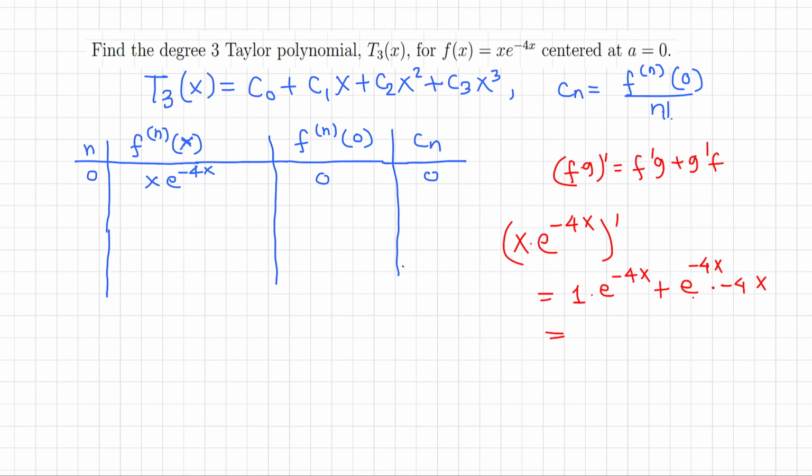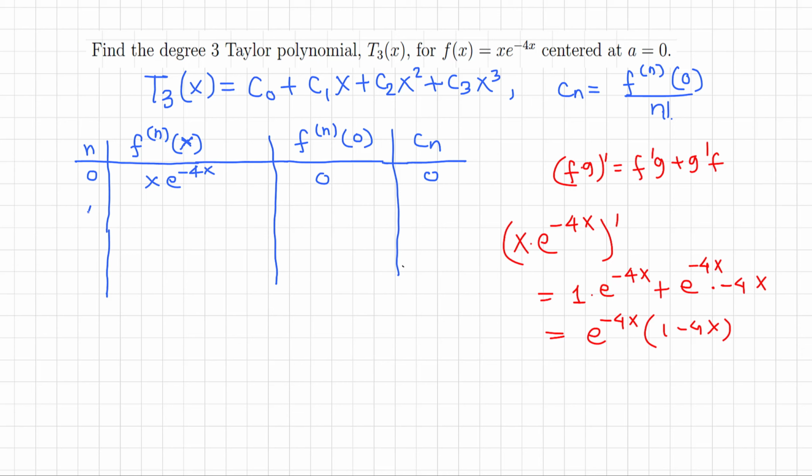So we can simplify by factoring e to the negative 4x out. Okay, that leaves what? 1 here, negative 4x there. So that goes here in our table.